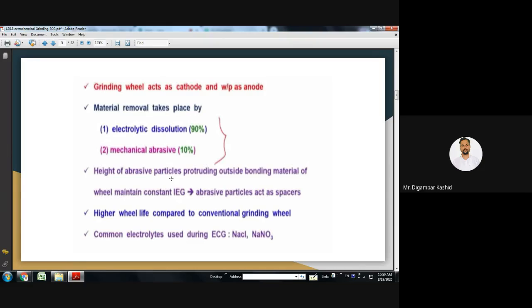Electrolyte is used during electrochemical grinding, and after proper filtration, your electrolyte can be recirculated.